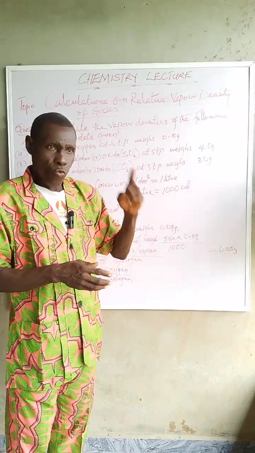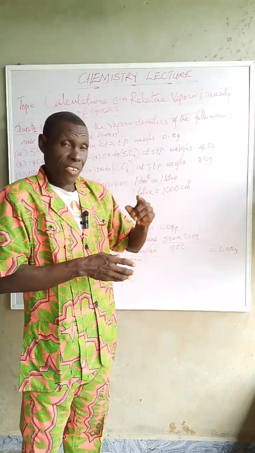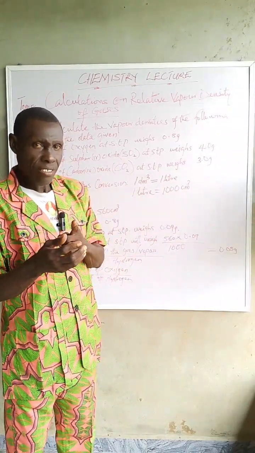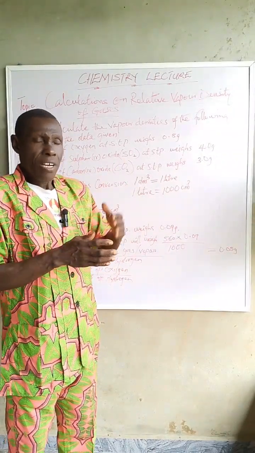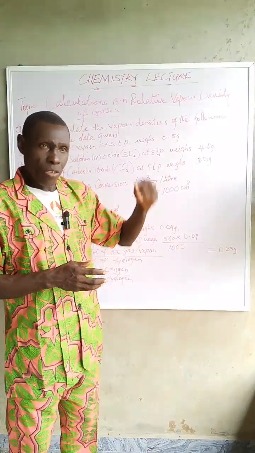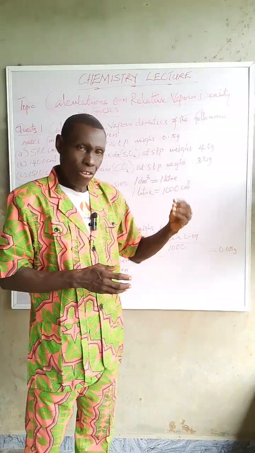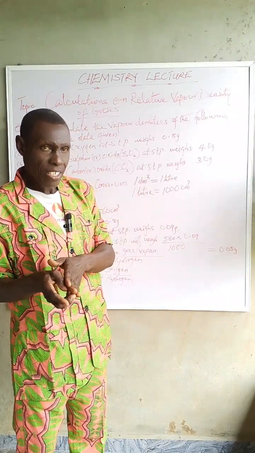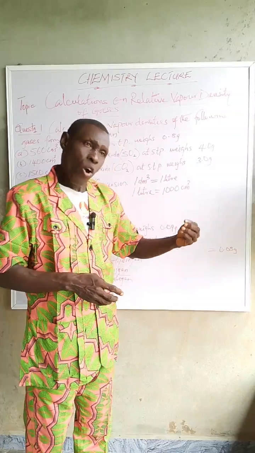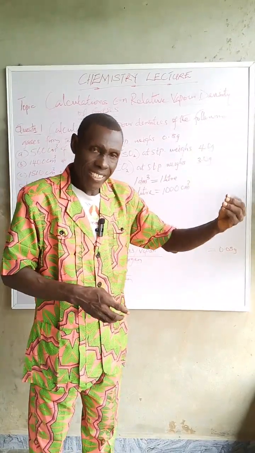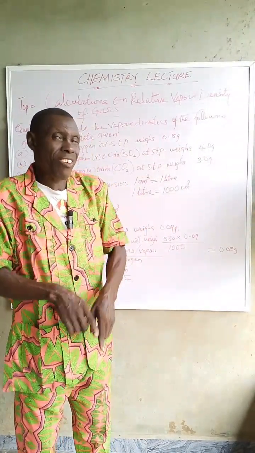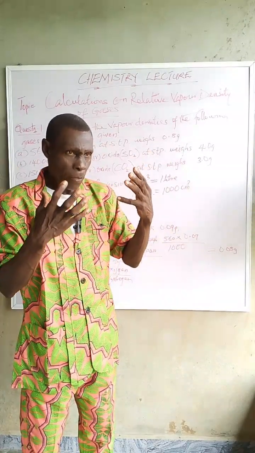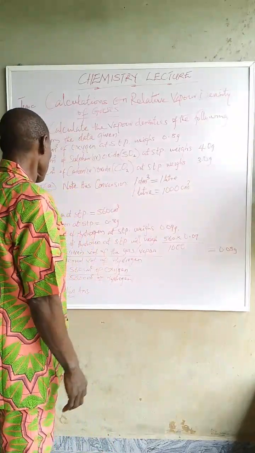Avogadro says the mass of one molecule of a gas all over the mass of one molecule of hydrogen is vapor density, or the mass of a given volume of a gas all over the mass of an equal volume of hydrogen is vapor density. So these are things you must always relate. Now, having this fact, let us go.